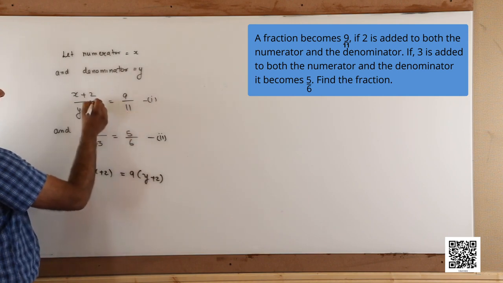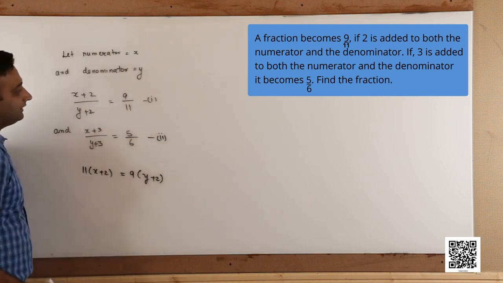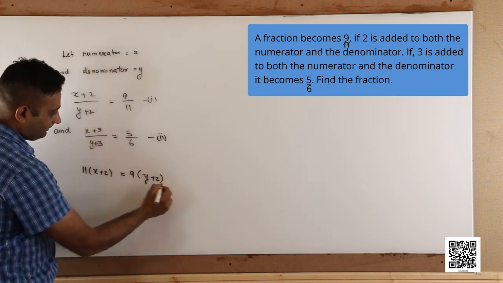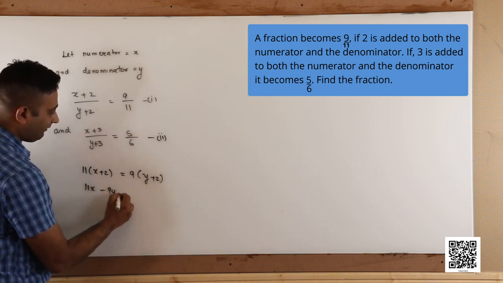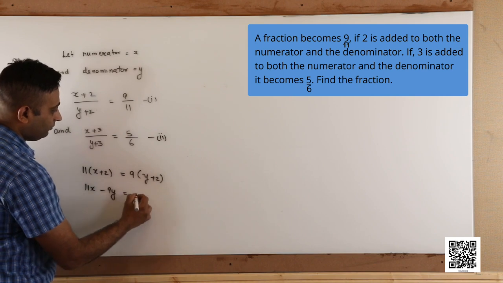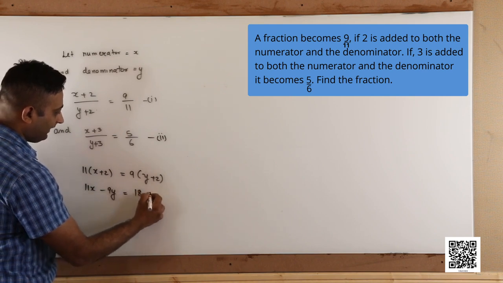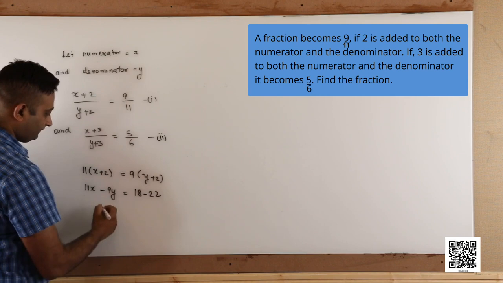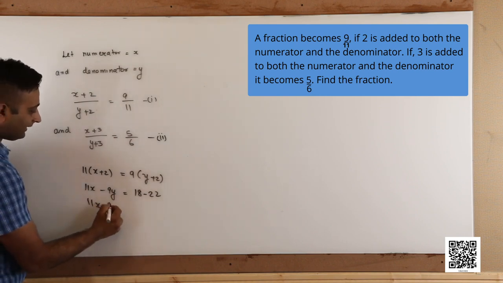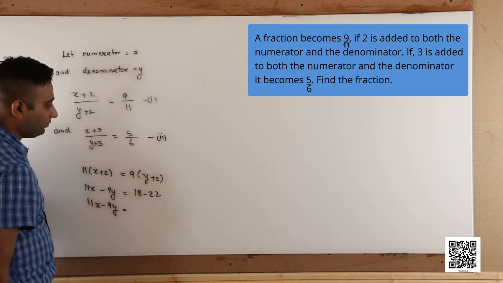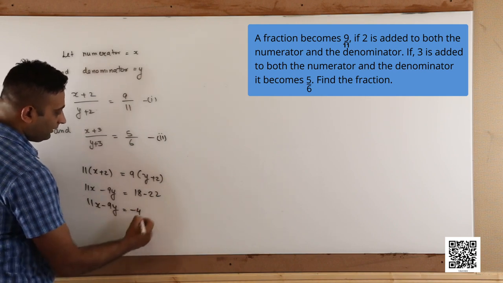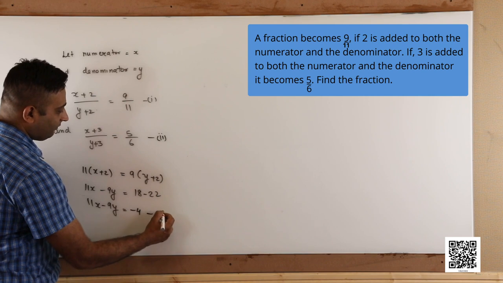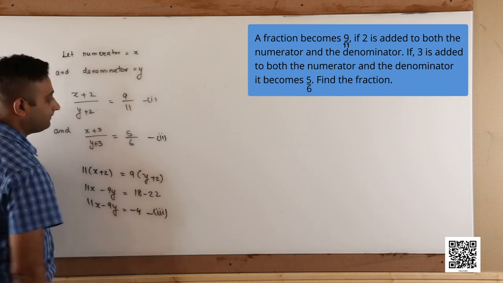We have cross multiplied these numbers in equation number 1. That means 11x minus 9y equals 18 minus 22. That means 11x minus 9y is equal to minus 4. Let us give this equation number 3.